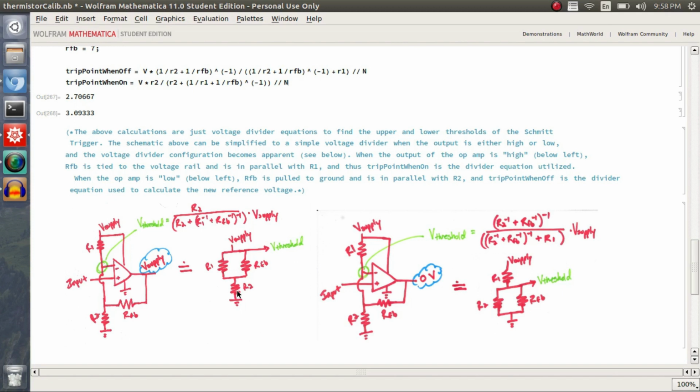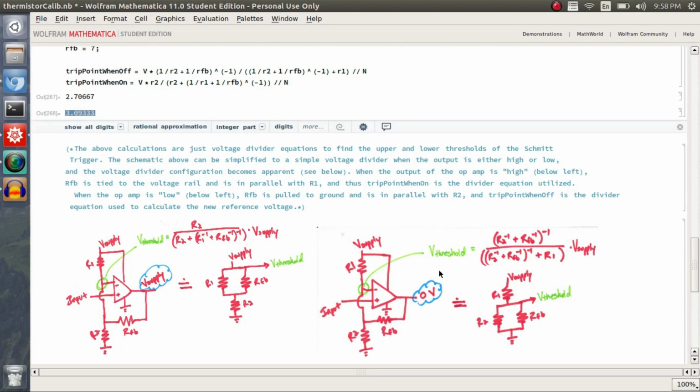So then the equation to get Vthreshold, the threshold value that will be on when the supply is high, is given by this equation: R2 is the lower end of the divider, over R2 plus R1 and R feedback in parallel, times the supply voltage. That's what this output value is. So that's how you get the threshold for, I guess, this value here.